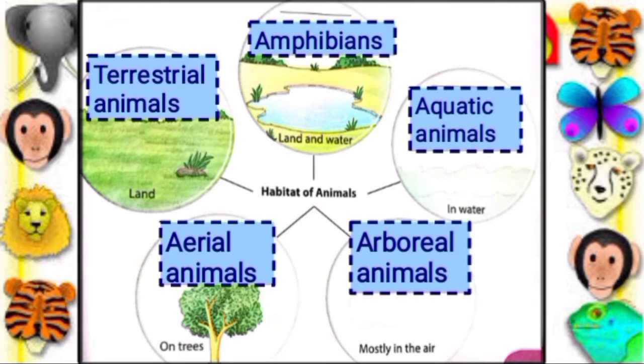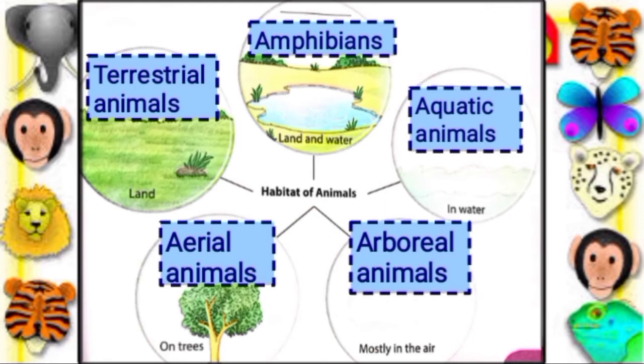So, animals are found everywhere: on land, on trees, flying in the air and in water. Some animals are also found on both land and water.